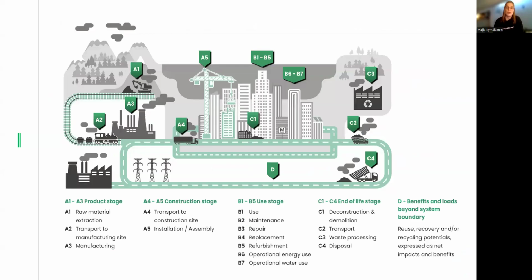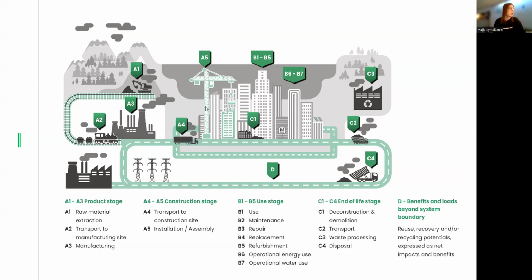So if we then proceed to see how these impacts are calculated throughout the whole life cycle of a building, we must first get to grips with the standardized approach to life cycle assessment. So this infograph here explains the EN 15978, which is a European standard for sustainability of construction works, and it defines the LCA for buildings.